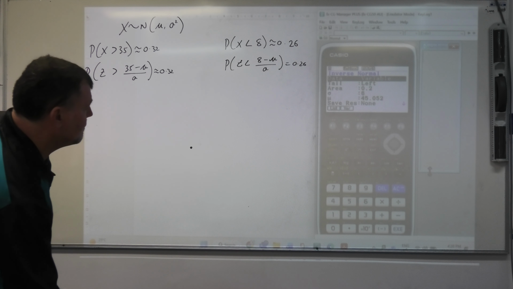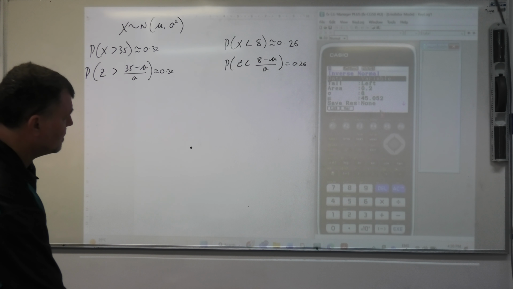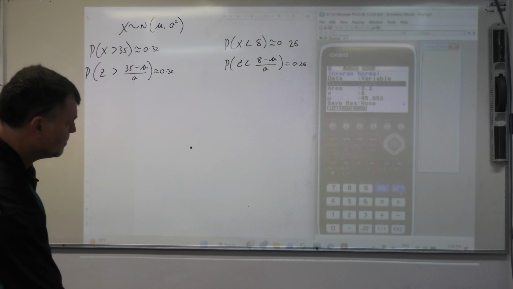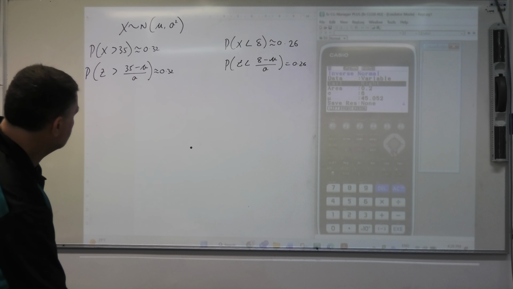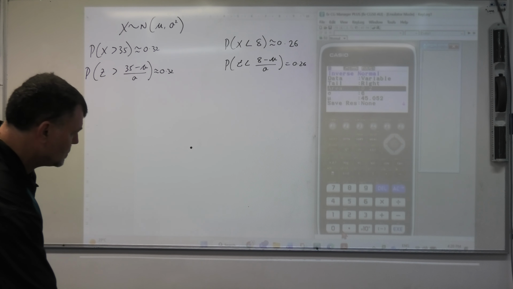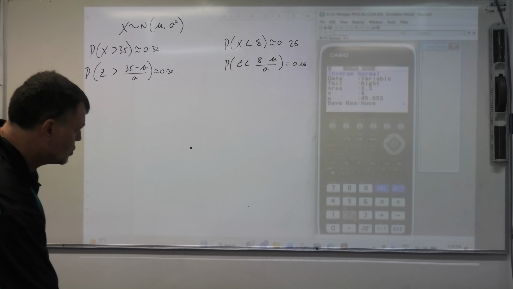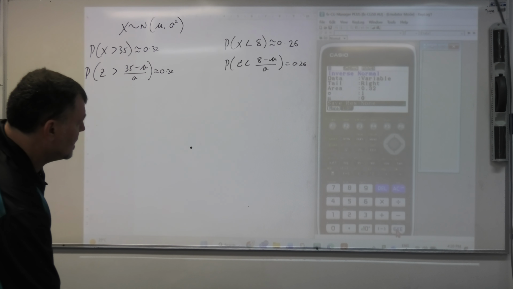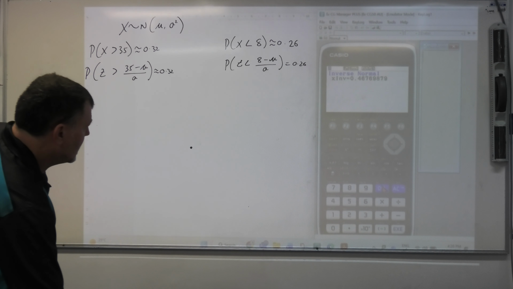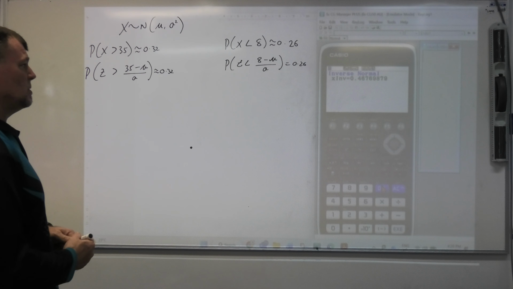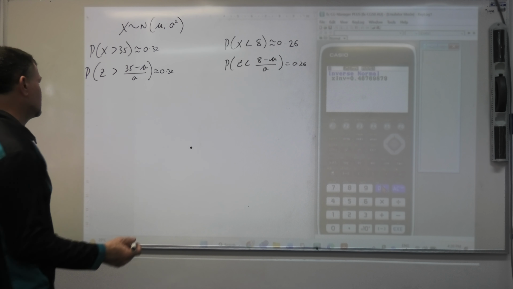You have a right tail this time, so your area is 0.32. Your deviation, we're going to make that 1, and your mean is going to be 0. If we click this on here, we get something approximately 0.468.